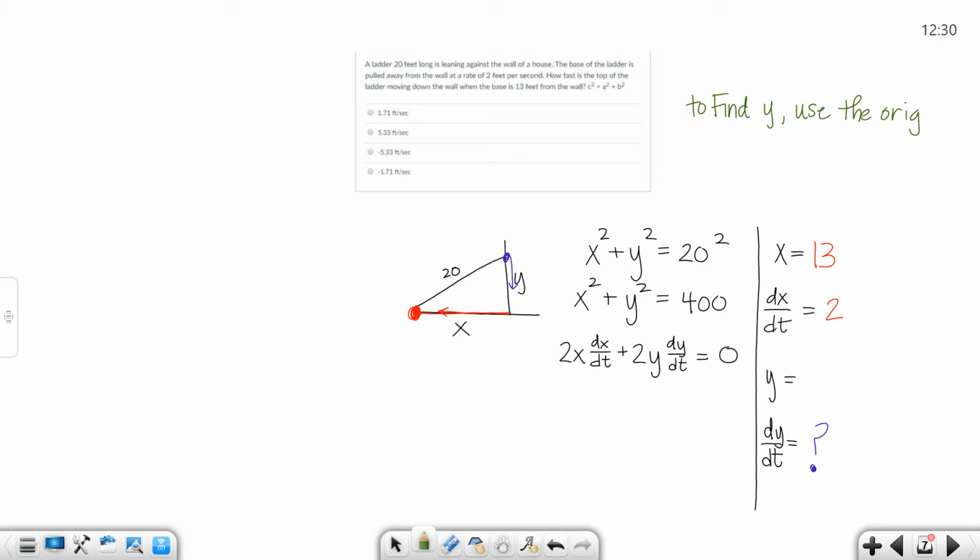I have to find y before I can find dy/dt. So the original is x squared plus y squared equals 400. X is 13. So 13 squared plus y squared equals 400. When you solve that out, you're going to get a value that y equals 15.2. It wasn't an even number this time, but we get it to be 15.2.